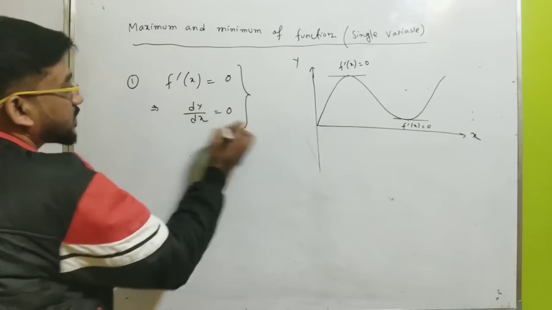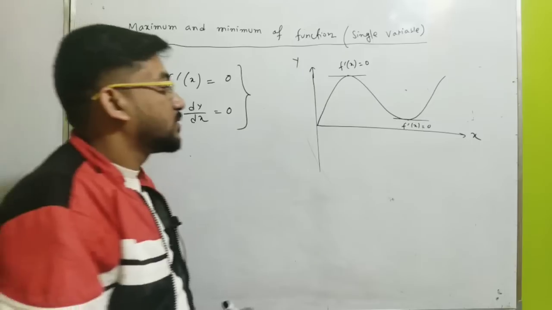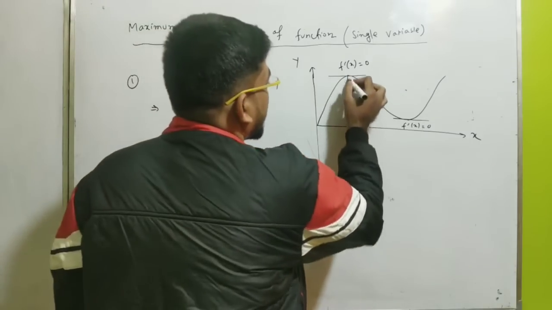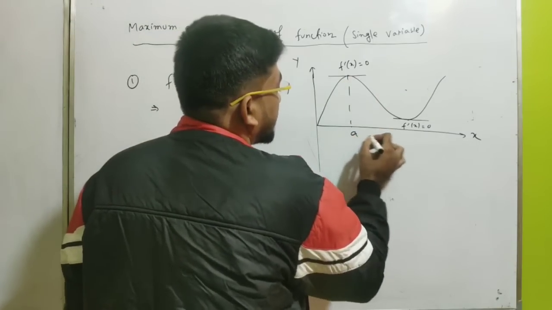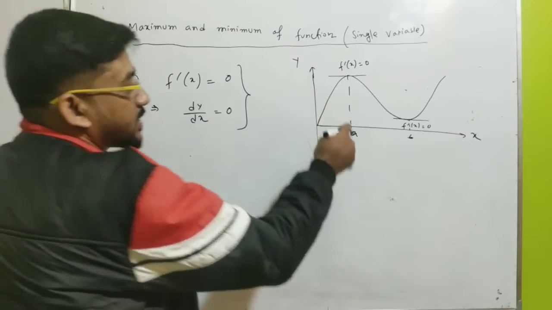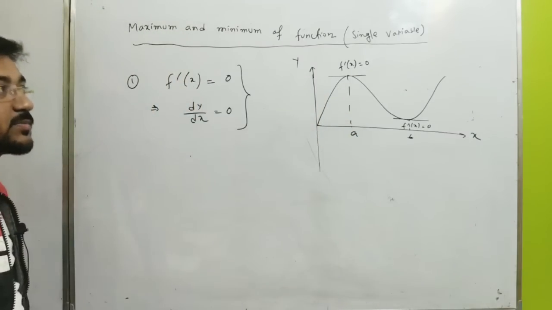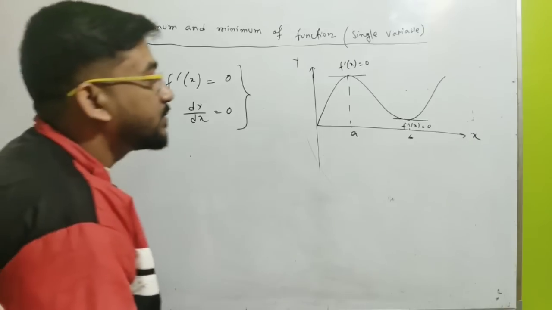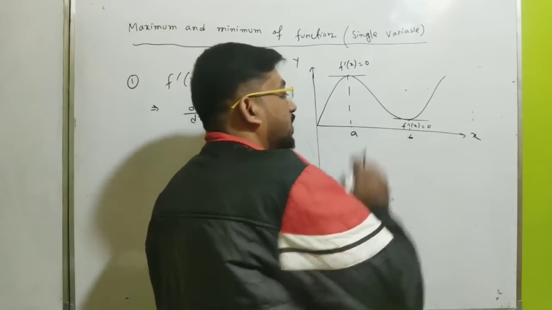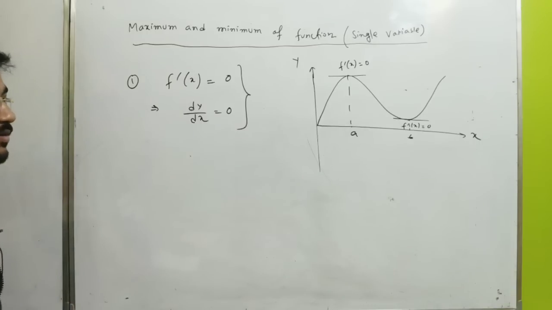This is the first step to check whether the function has a minimum or maximum value. Let me take this point as a, and maybe this point as b. If f prime x is 0 at x equal to a, then the function has the maximum value, and if f prime x is 0 at b, the function has the minimum value.